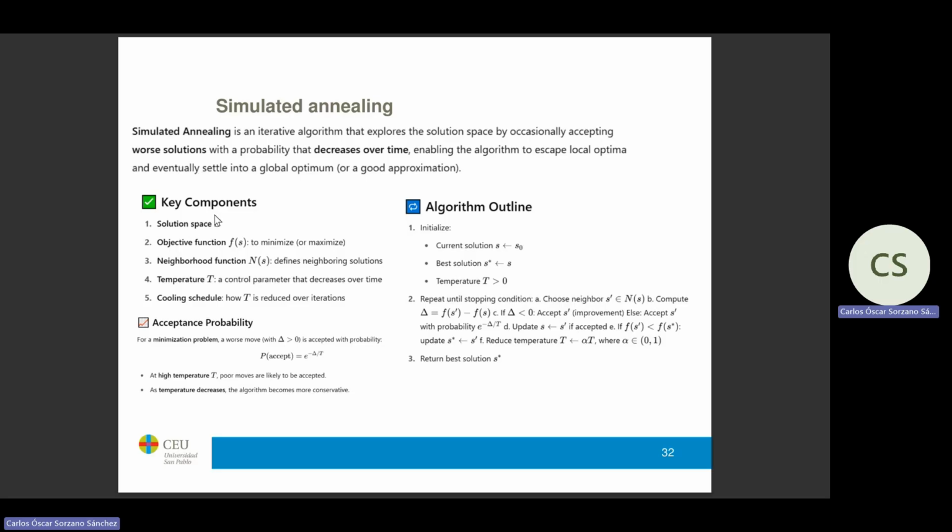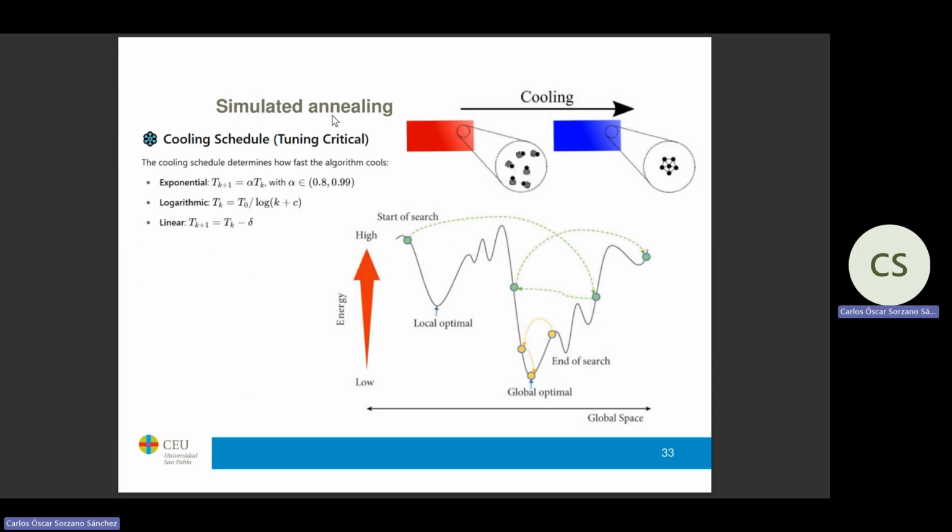And then this probability will be controlled by a parameter called temperature. This temperature, and the name of the algorithm, come from trying to mimic how materials cool in physics. So let's say that we have a very hot material.